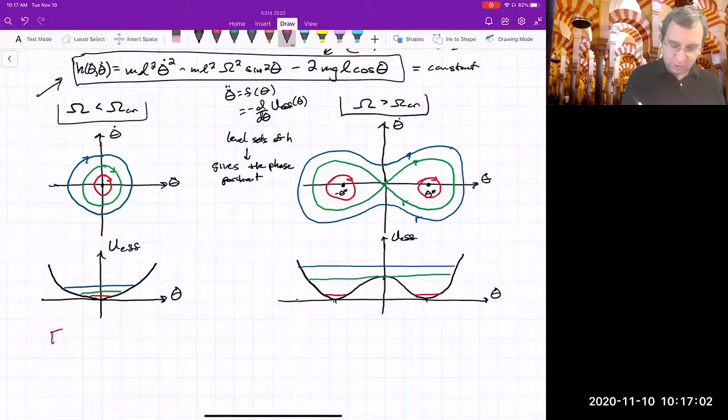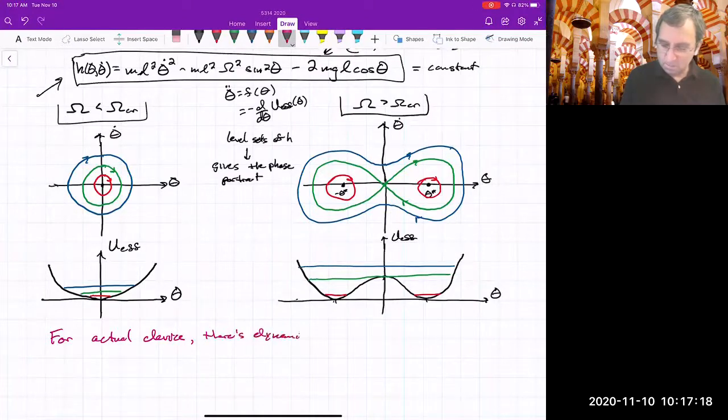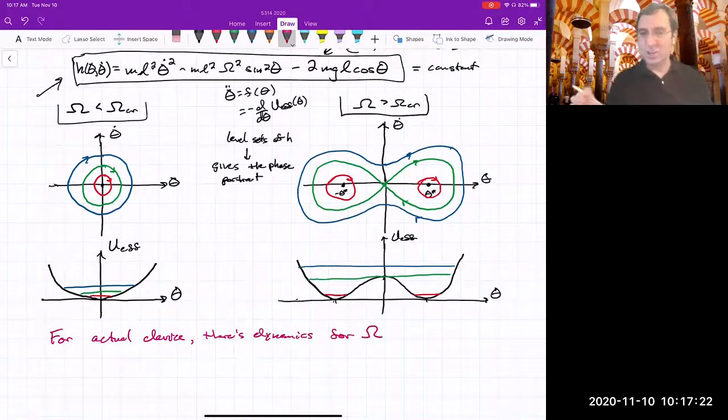Just to note, for the actual device, getting back to the fact that we were talking about some steam engine thing, we've got the damping, but there's also dynamics for omega, because that's connected to the engine.